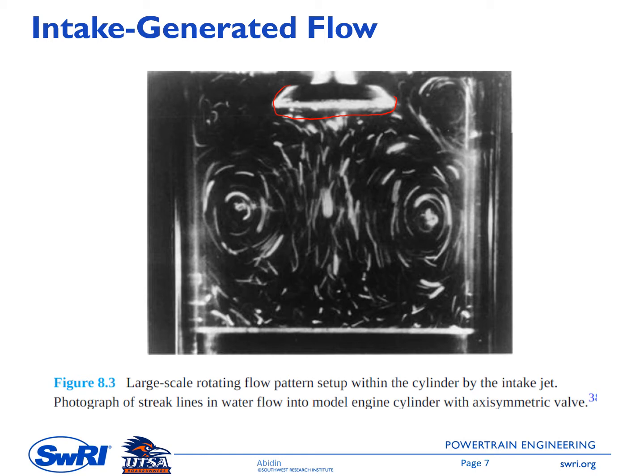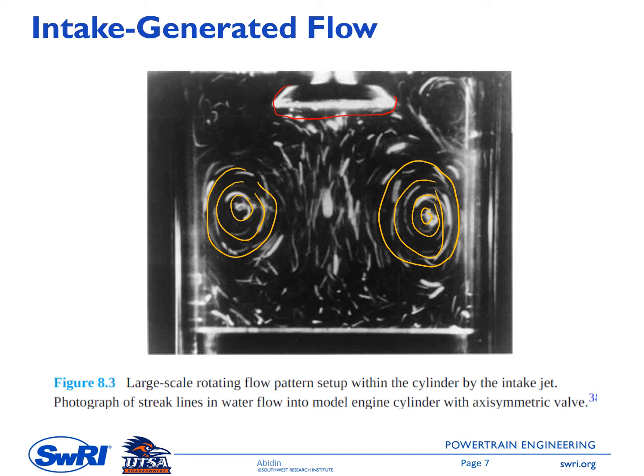Here is the first one, a kind of rotating flow, but it's not clear whether it is clockwise or counterclockwise. We have a different flow pattern here, and you will see in the next slide that this type of flow, which has an axis of rotation perpendicular to the cylinder axis, is called tumble flow. We'll have a cross tumble, and then a swirl flow as well. We'll have a look in the next slide.